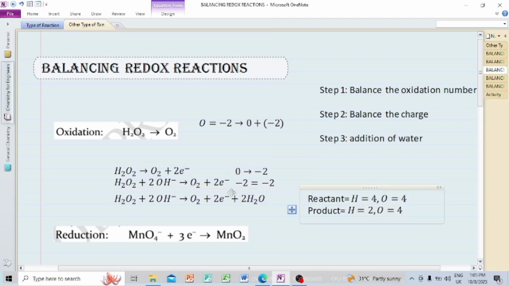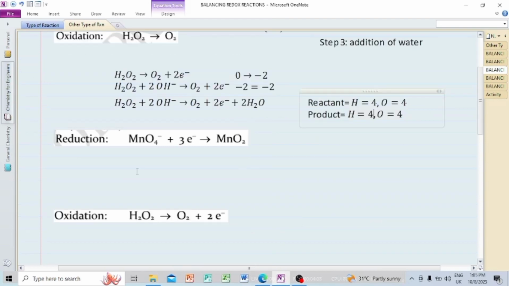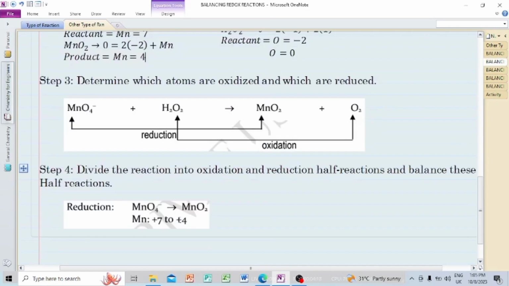And for our H, we have 2 times 2 is 4. So, balance na. Okay, for our next half reaction, sa reduction half reaction, the same thing ang gagawin natin. So, ang oxidation number kanina ng MnO4 natin and MnO2 natin is 7 to 4.